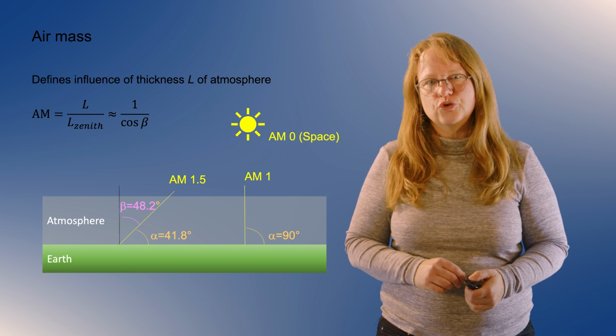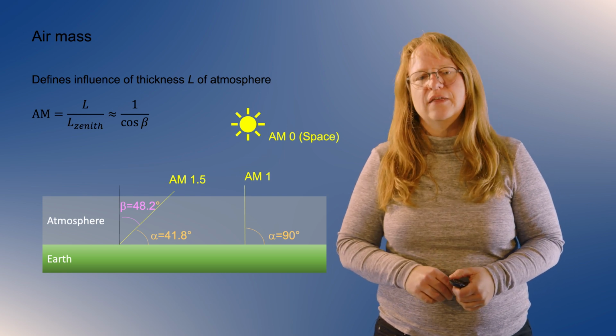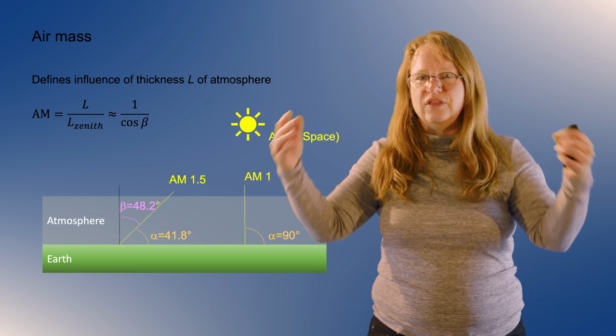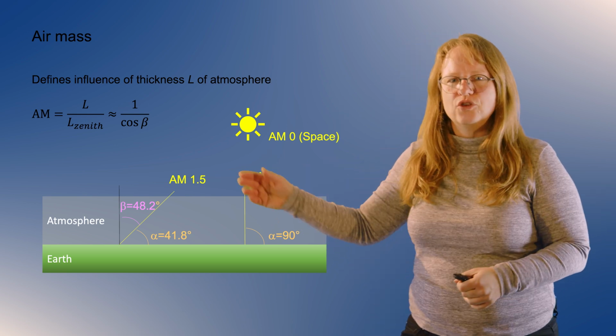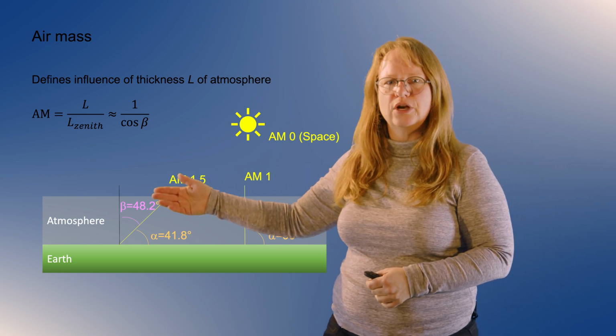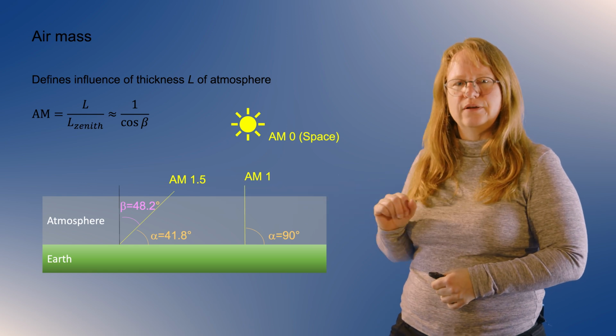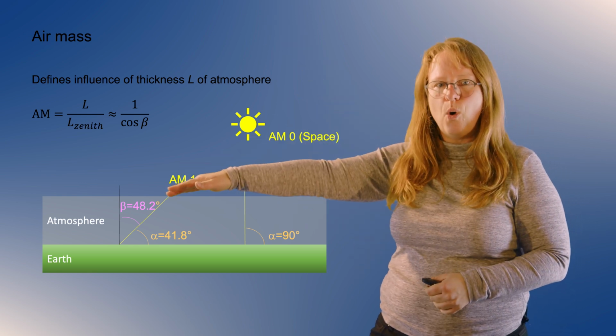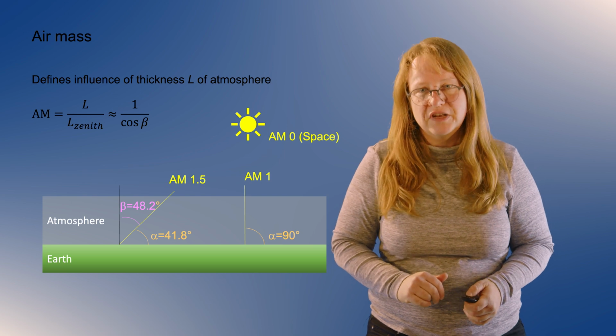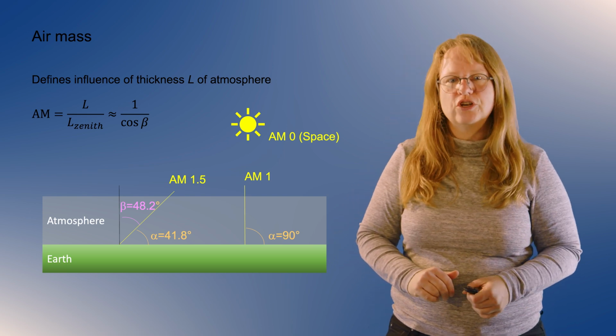One more thing to consider is that the Earth is not flat, but round. So you might think from this image that if it's getting later and later in the day and the sun is going down more and more, the air mass might approach infinity. This is actually not the case.